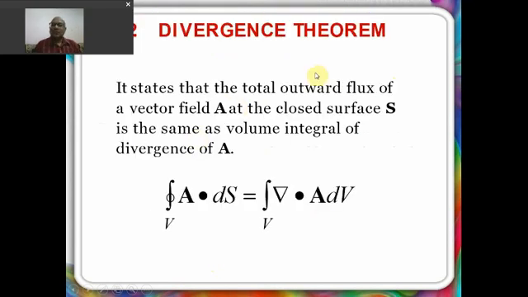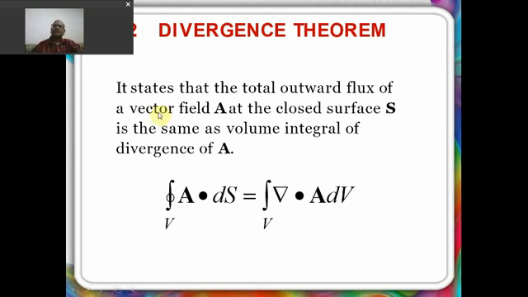Now the divergence theorem refers to a relation between the surface integral and the volume integral. Up to this point we have already discussed the gradient and the divergence. In divergence we came across the volume integral and the surface integral, if you remember.